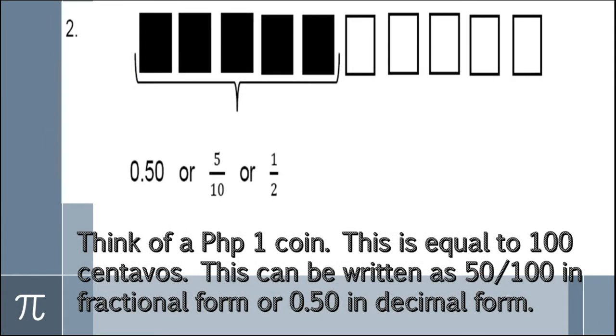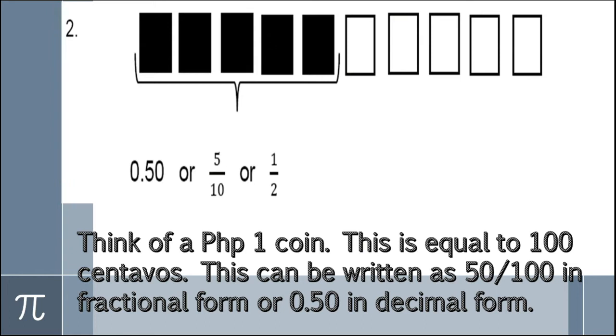Another example, we have 10 blocks and 5 are shaded. So, it can be written as 5/10 or 1/2. Think of a 1 peso coin, piso. It is equal to 100 centavos. Ang piso equal siya sa 100 centavos.